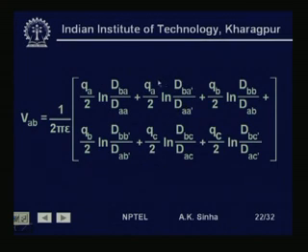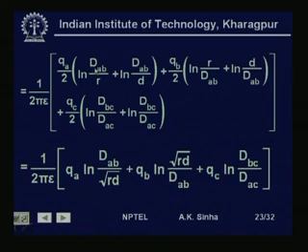Now, here what we are saying is that dBA and dBA dash are almost the same, because the distance between the two phase conductors is much larger compared to the distance between two subconductors of a bundle. So, this small approximation we have made, that is dAB is the distance between the centers of the two conductors. So, this is QA by 2 ln dAB by r plus ln dAB by D.